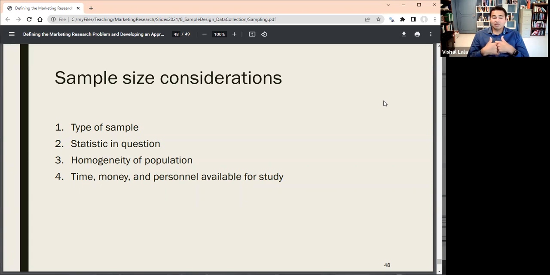What if our study involves many different variables? Well, then you have to look at every single variable to figure out the minimum sample you need to satisfy each variable. And I cannot emphasize enough the importance of time, money, and personnel in deciding on sample size.